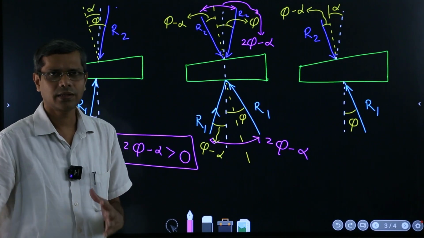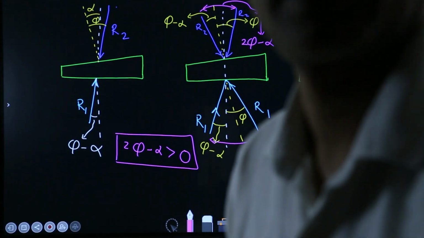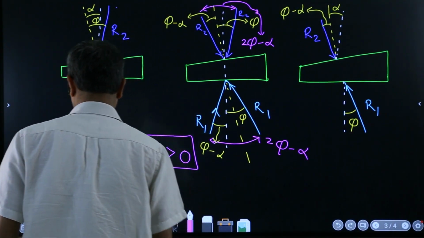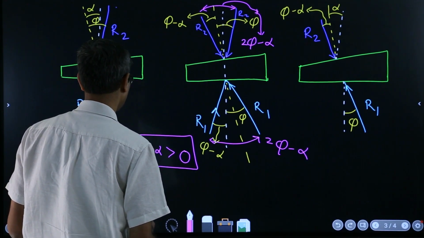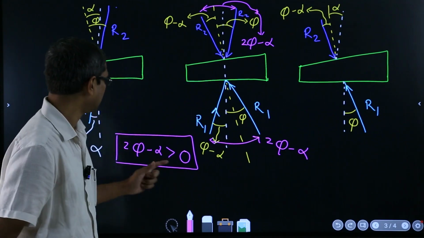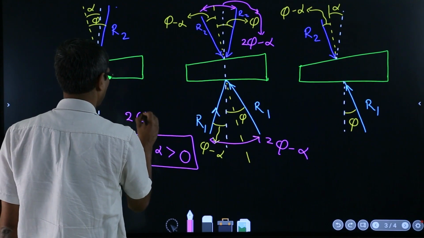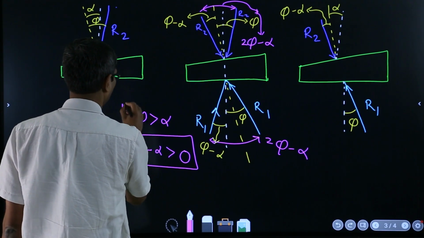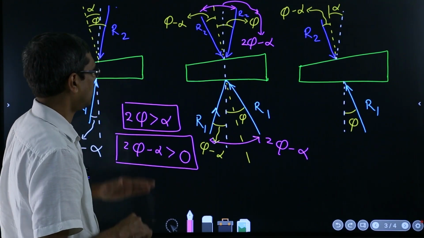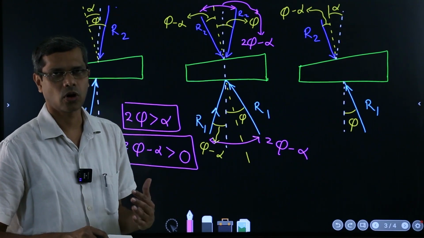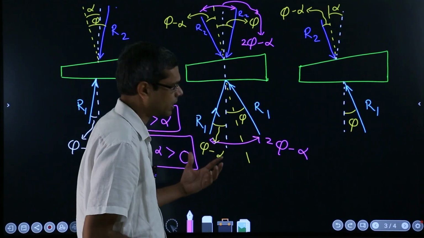And so that has to be carefully understood. Okay. So what I was telling is, now this is the condition, or you can write it in this way also, 2 phi is greater than alpha. So if this is the condition, then the wedge is self-locked. That means it's a very subtle thing, so please try to understand what's happening.